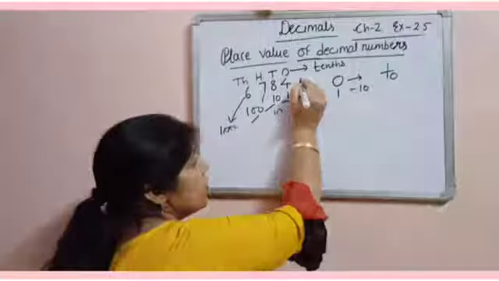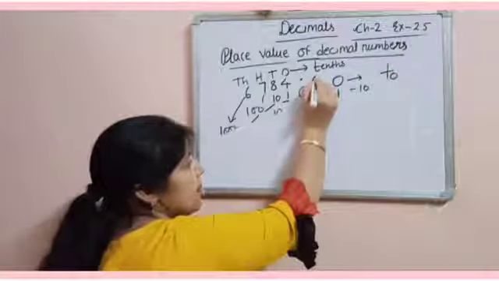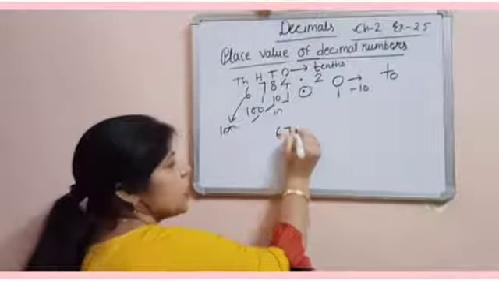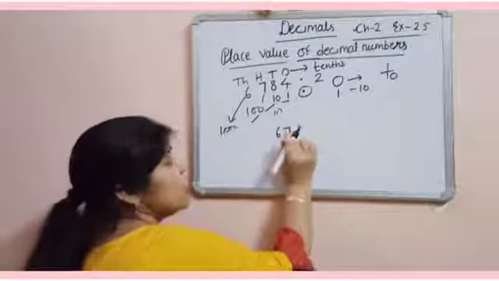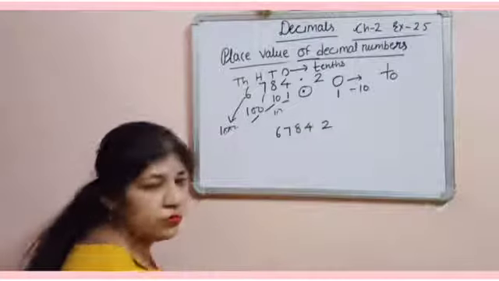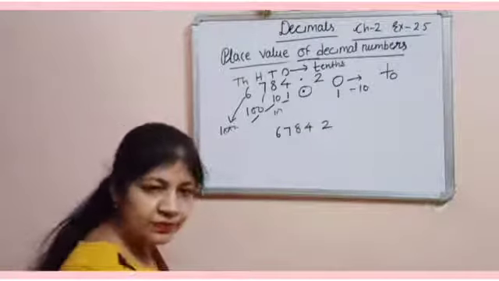So at the 10th position, for example, any number 2, it will be 6,784.2. Clear?